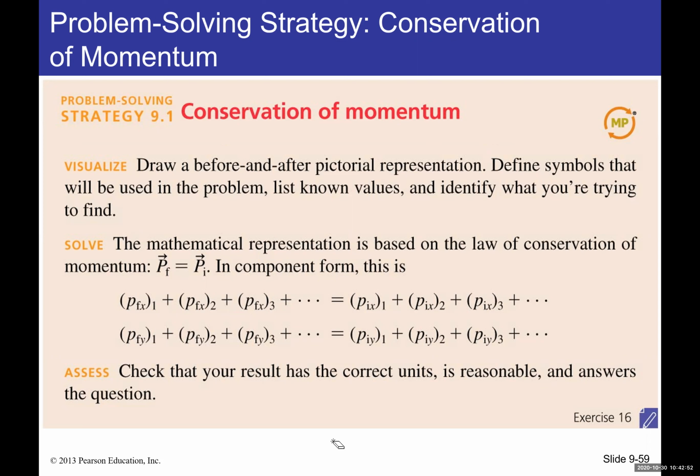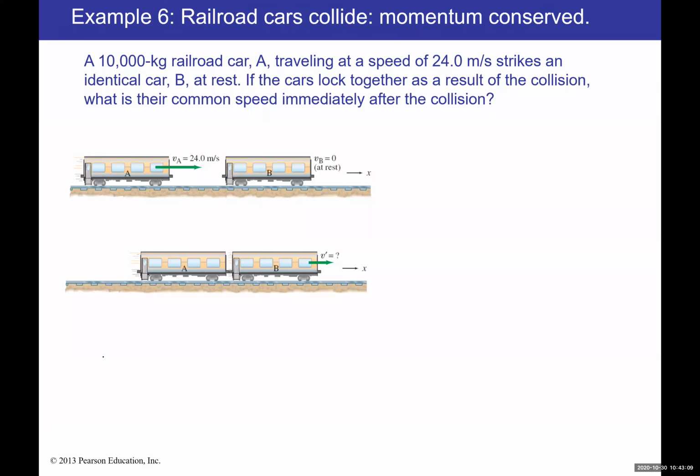If it's two-dimensional, then there will be one equation for the X direction and one equation for the Y direction. Generally we're looking for the final speed of the object after collision, or before collision, depending on what it's asking. So let's look at several examples like that.